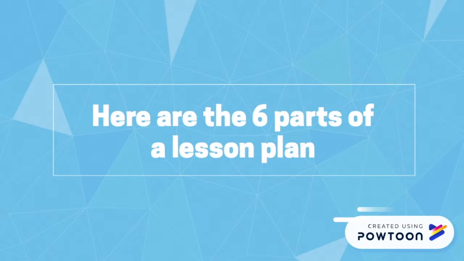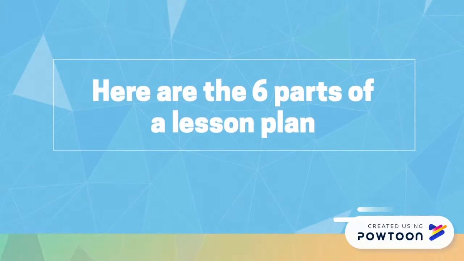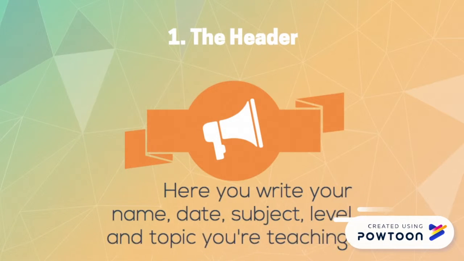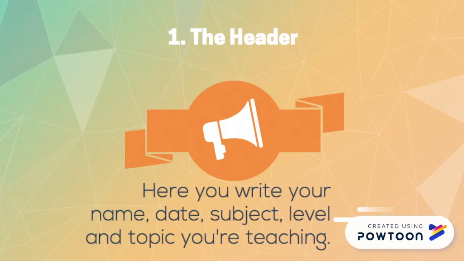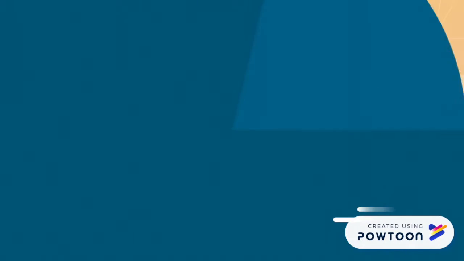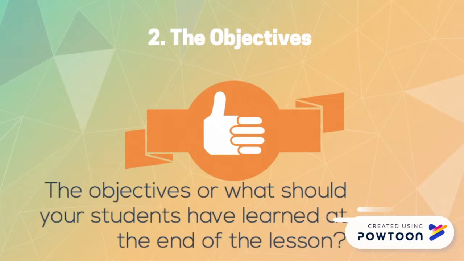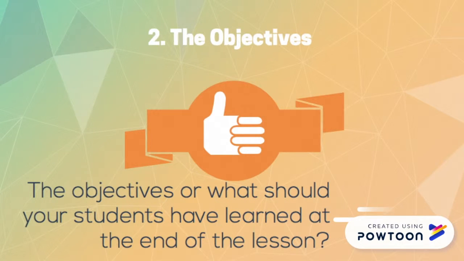In this unit I will introduce you to the 6 important parts of a lesson plan. The header. Here you write your name, date, subject, level and topic you are teaching. The objectives, or what should your students have learned at the end of the lesson.